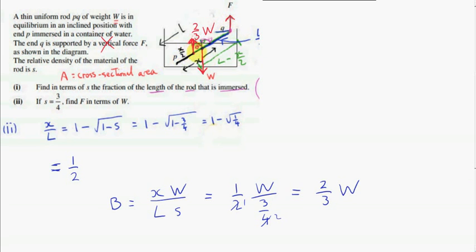By Newton's second law, the resultant force on this rod is 0, so the sum of the forces pointing upwards, F being one of them, plus 2/3 W, must equal the sum of the forces pointing downwards. So we see that F is 1 W minus 2/3 W. That's 1/3 W, or W divided by 3.